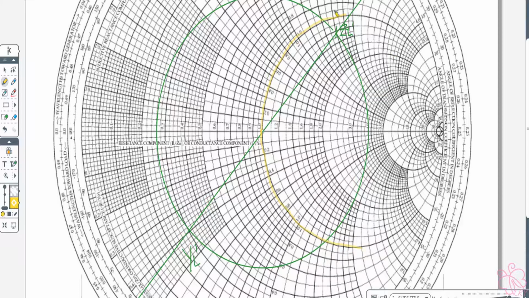If you notice, there are two points at the intersection of the VSWR circle and the real part circle, one at the top and one at the bottom.